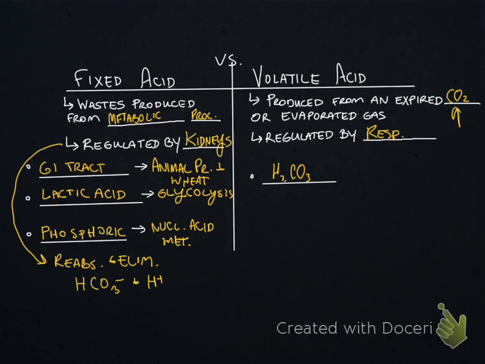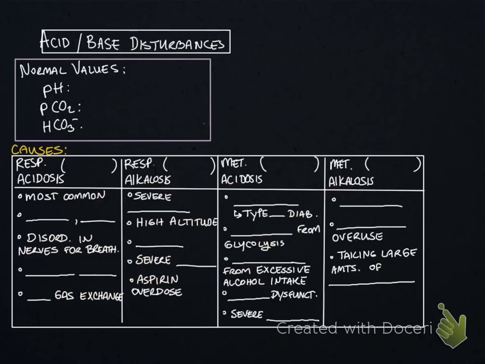You want to talk about those? Because I know you have to do some. Okay. Well, when learning your acid-base disturbances, you have to know the normal values. You already know what pH is. 7.35 to 7.45. That's the first thing you always look at.